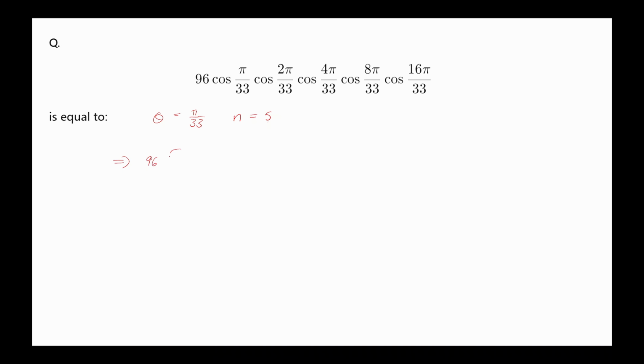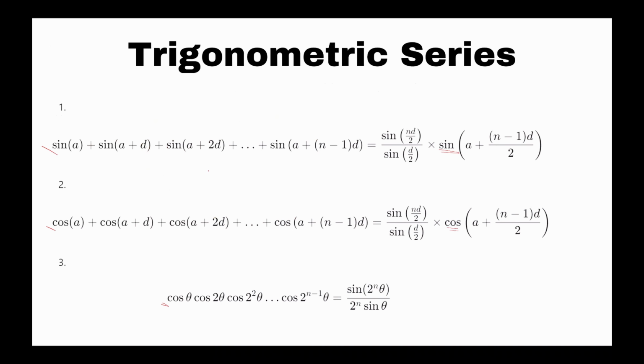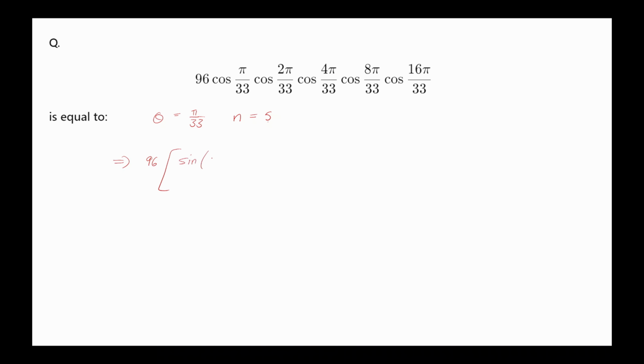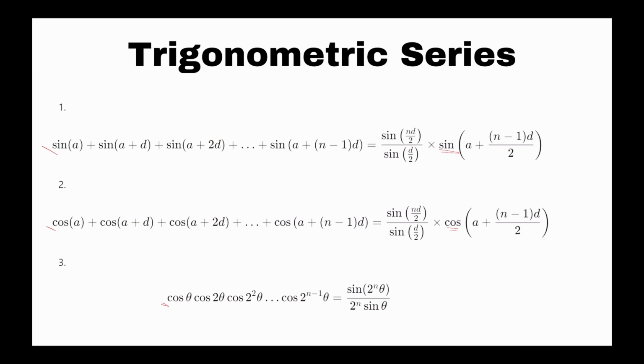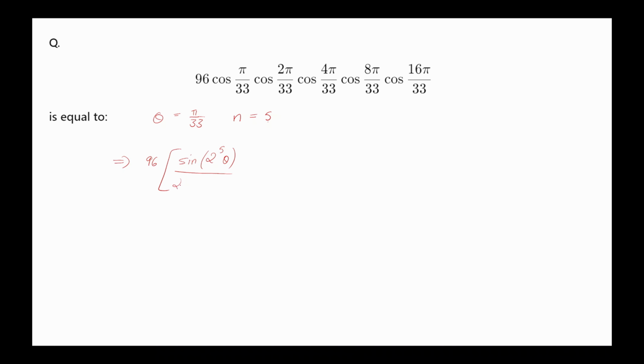So now if I try to multiply all this, what am I going to get? Sine of 2 to the power 5 theta, and what was there in the formula? 2 to the power n sine theta. So from here we would get 2 to the power 5 sine theta. So if I replace theta by pi by 33, this would become sine of 32 pi by 33 upon 32 times sine of pi by 33.